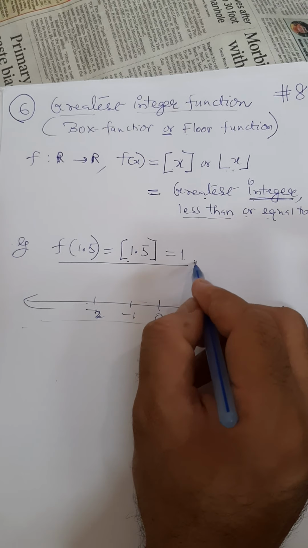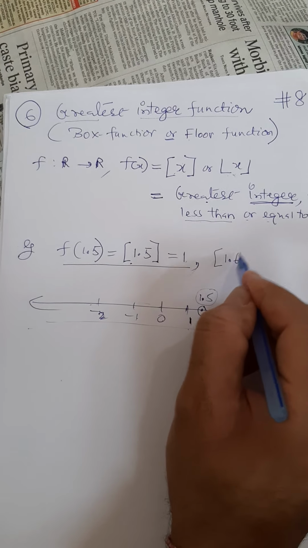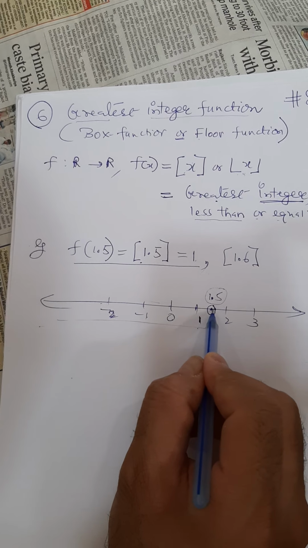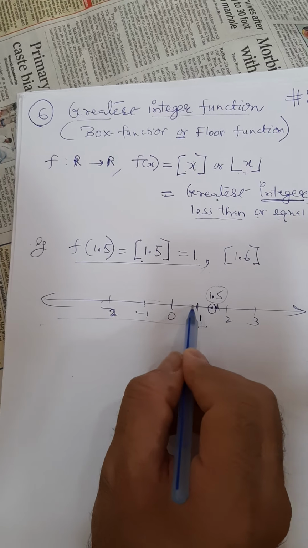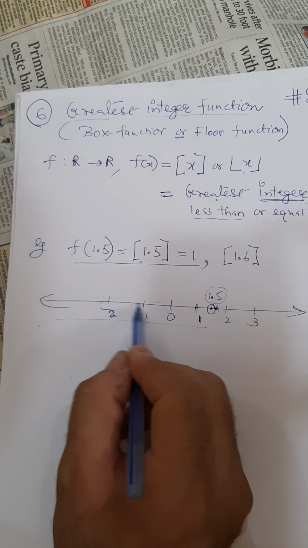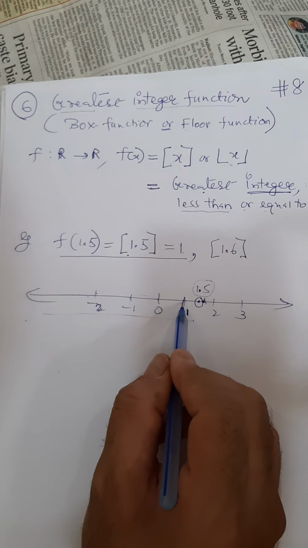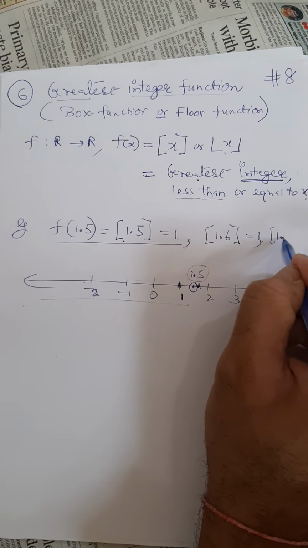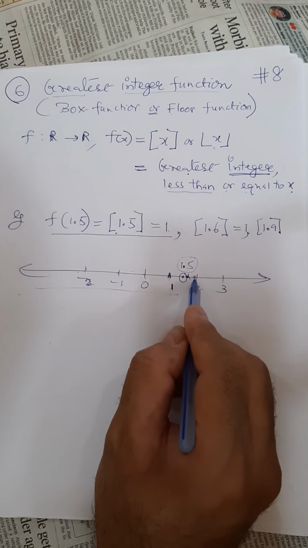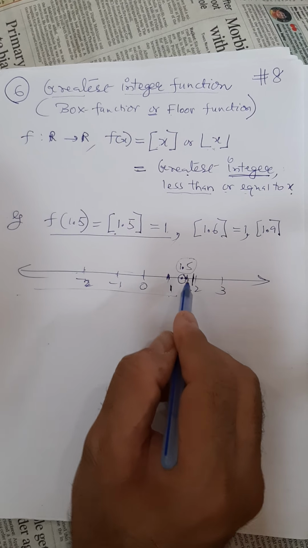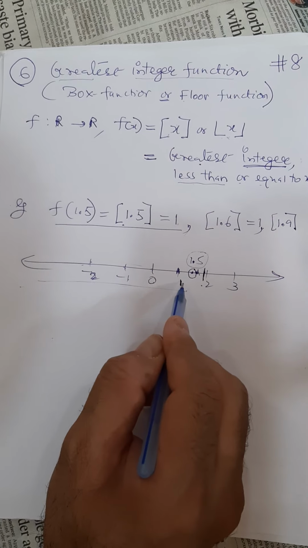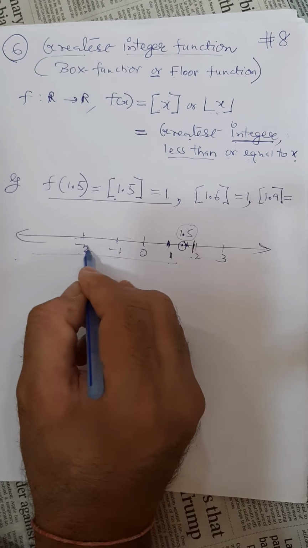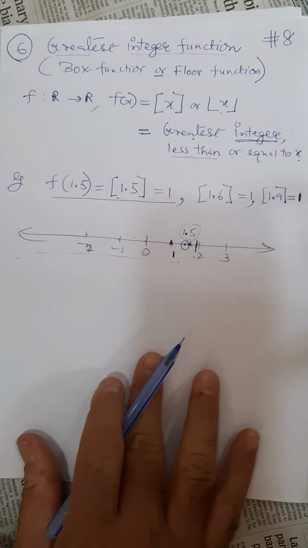If I write, for example, box of 1.6. So 1.6 here. Now again you find all integers less than 1.6. That is 1, 0, -1, -2. Among all, which is the largest? That is 1. So here again 1. You can see very easily if I write 1.9, 1.9 is somewhere here. Get all integers less than this. That is again 1, 0, -1, -2. Among all these integers, which is the largest? That is 1.